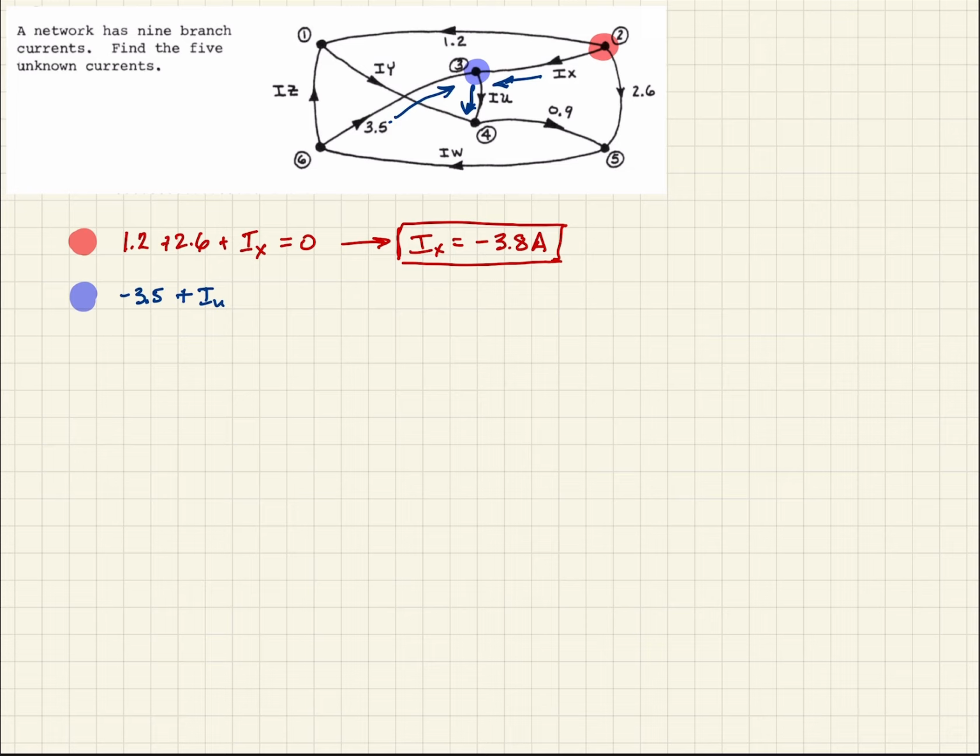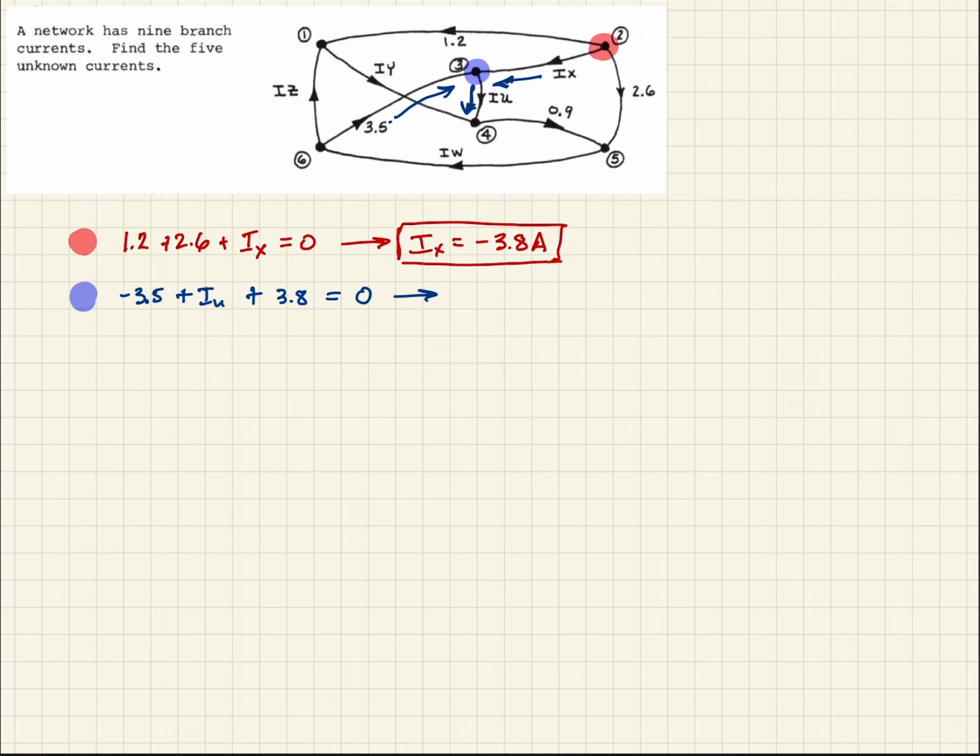Now, remember, we said that leaving the node is positive, going in is negative, but the value of Ix is negative, so it's really a double negative. So when we do that, it's actually going to be plus 3.8 amps. When we add all those up, they have to equal 0.